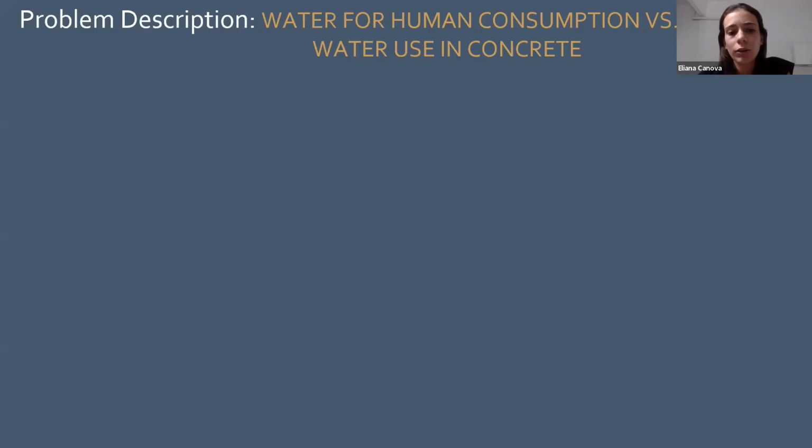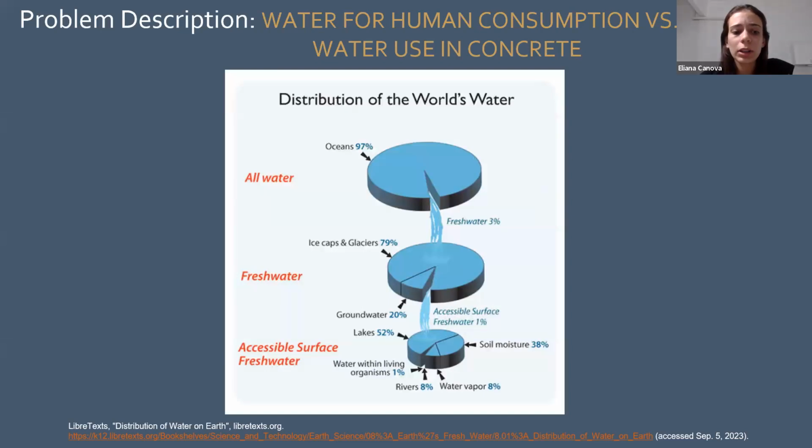Water is one of the most vital resources for sustainable life on our planet. But only 3% of water on the surface is fresh. The remaining 97% resides in the ocean.